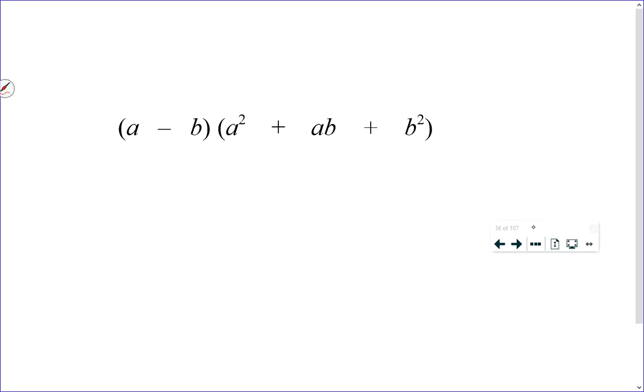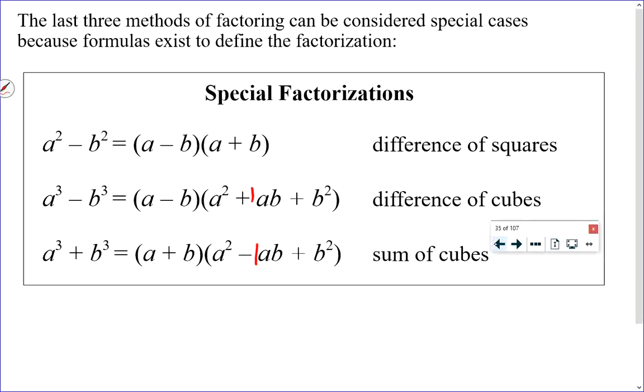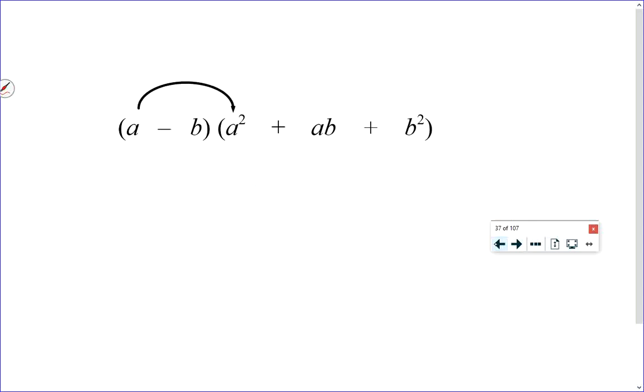I want to demonstrate this to you. We don't need to do this. I could say just trust me, but if I said multiply out a minus b times a squared plus ab plus b squared, you're apparently supposed to get a cubed minus b cubed, right? Well, I just want to demonstrate that to you.